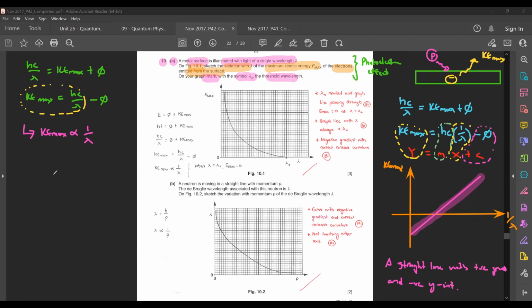So if you were to draw a graph of KE max versus lambda, it should give you a curve like this, where you have asymptotes at both sides.